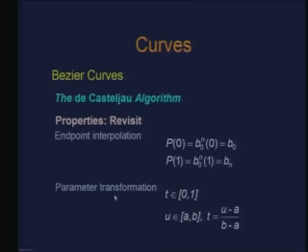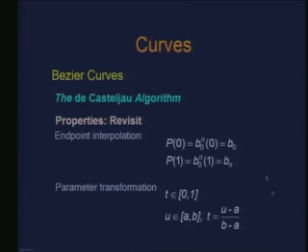And if you look at again the parameter transformation, that means instead of having the parameter t defined in the span 0 and 1, if I have a parameter u defined in an interval a and b, it does not really change the method or the algorithm.